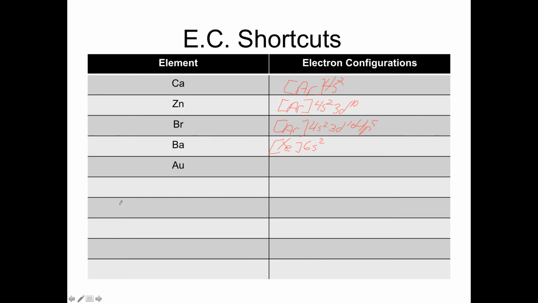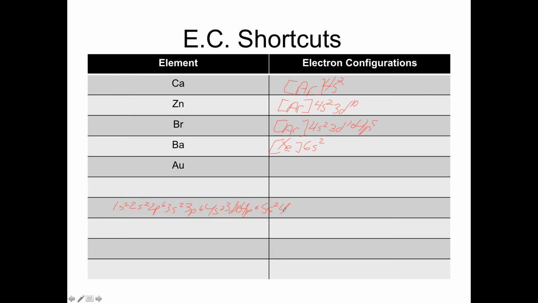Now that's a lot easier than writing out the original for barium, which would be this monstrosity that just keeps going and going and going forever. So the shortcut is very, very beneficial because then you don't have to worry about writing all of this endless junk. You can literally just turn it into this.